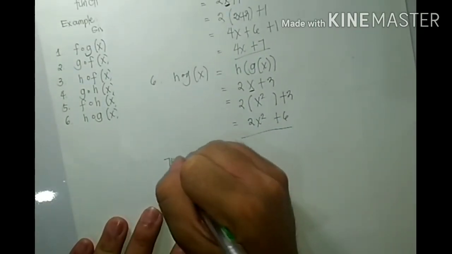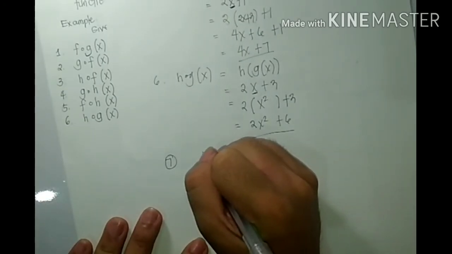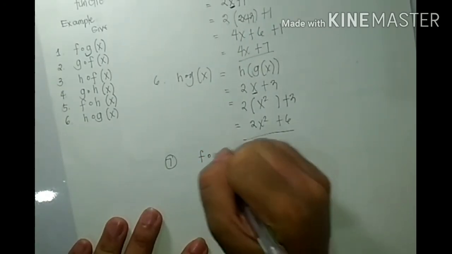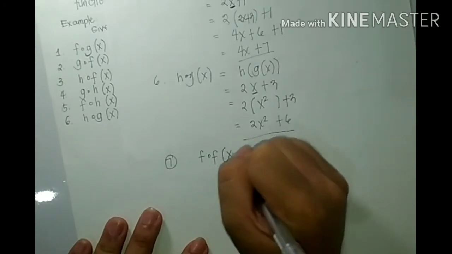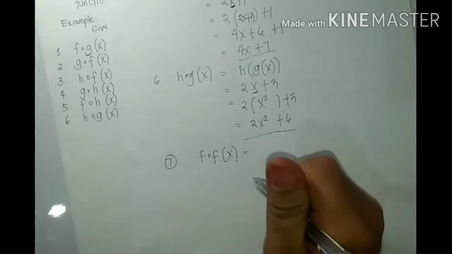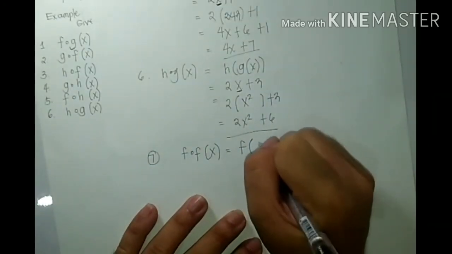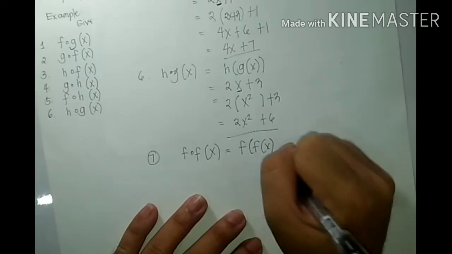Now, last one, we have number 7. Okay, we have f of x, or f composed of x. Okay, this can be written as f of f of x.